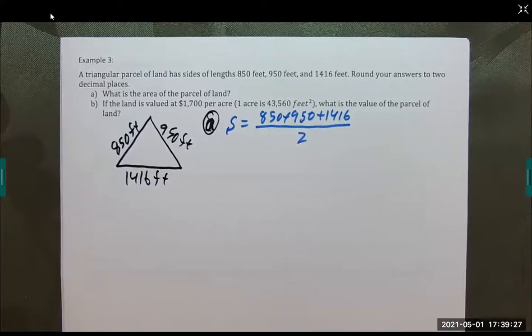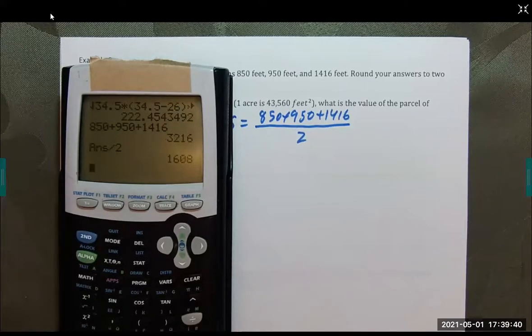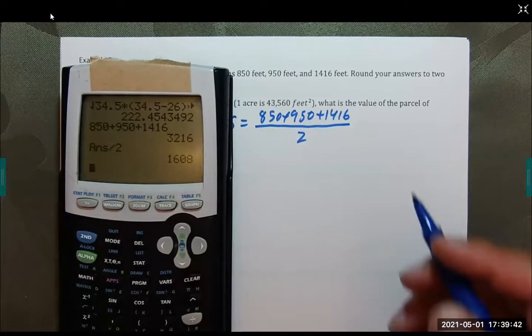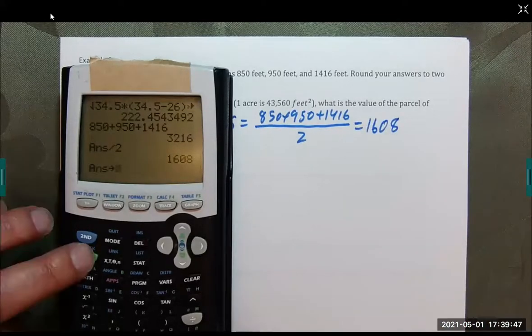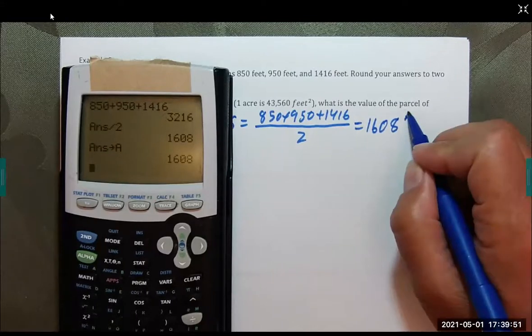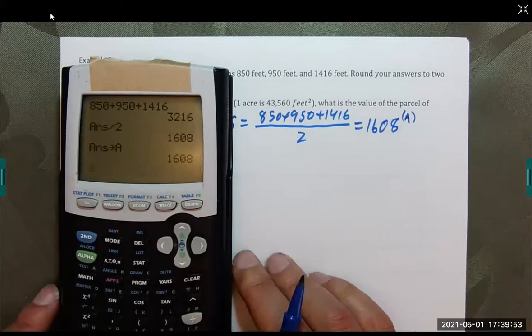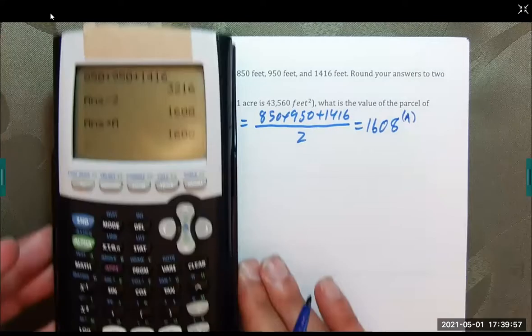And I'm going to use my memories for this one. 850 plus 950 plus 1,416 and divide that by 2. So this gives me 1608, and I'm going to call that A, store as A. Just a quick refresh, the store button is right here, and then you can select any of the letters there.